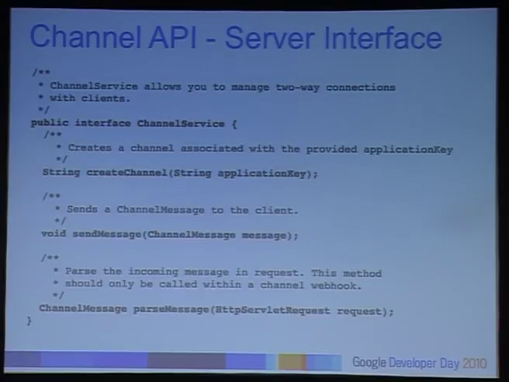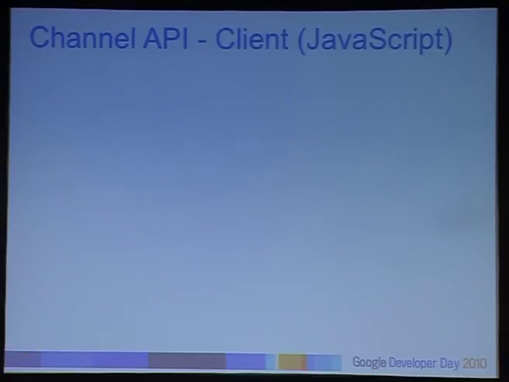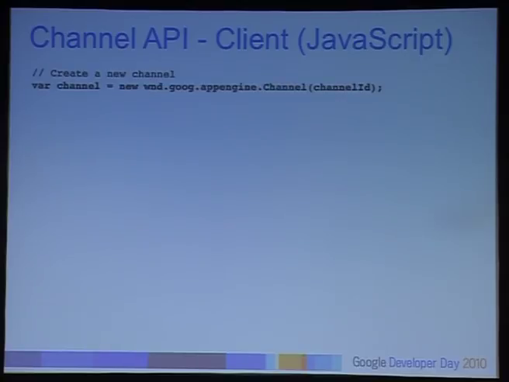So if you chat in Google Talk, then you're using essentially the Channel API infrastructure. This is what that interface looks like on the server. You just have 3 simple methods. You create a named channel, you send messages, and you can parse messages that you've received. On the client, it's very similar, but looks a little bit different. It's JavaScript. We first create a new channel.